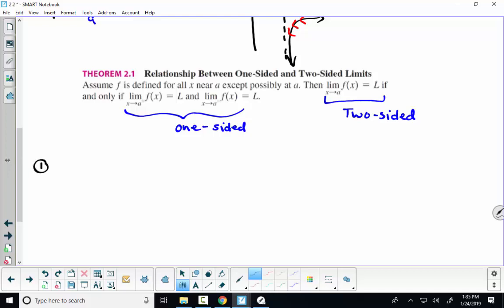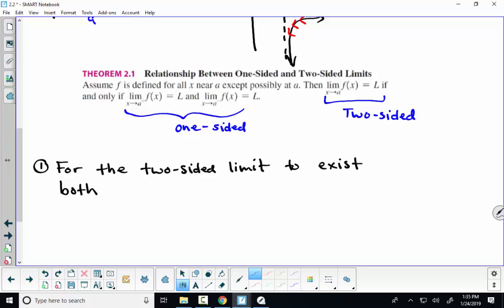So let's state that for the two-sided limit to exist, both the right and left sided limits must be equal.